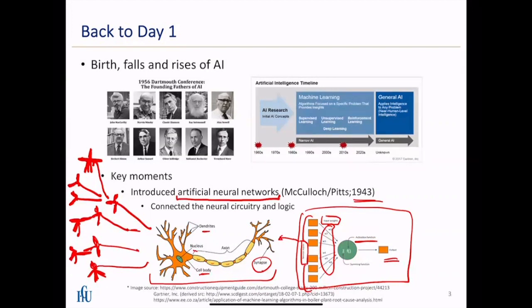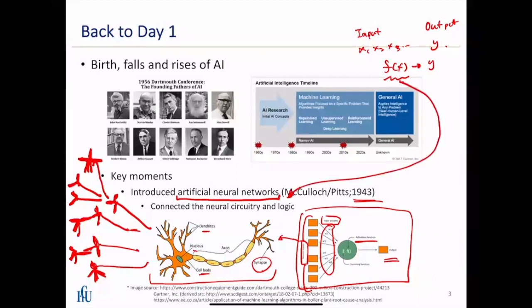Using this kind of network, people tried to learn some decision-making process, like what we have done so far, where you have a set of inputs and you have an output. Our goal is to learn a function, f(x), that results in an output value as close as possible to the ground truth. And the structure of this function is based on the structure of the brain.